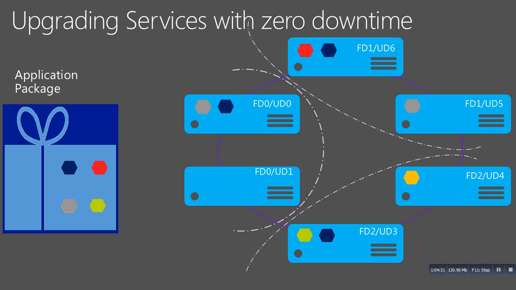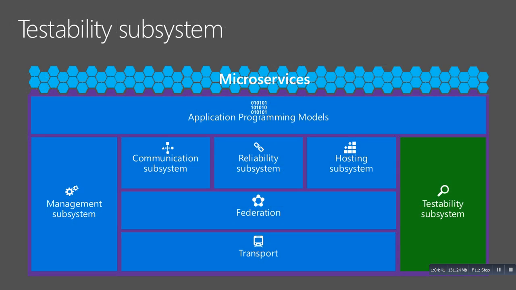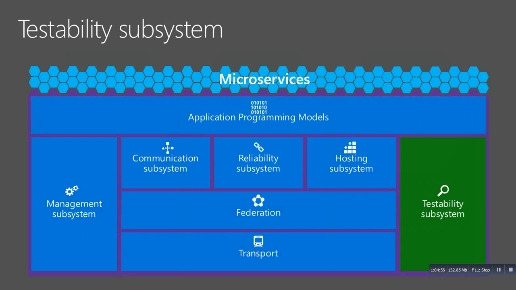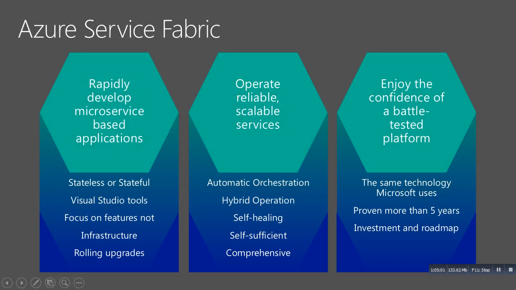Azure Service Fabric in a nutshell. It enables rapidly developing microservices-based applications. You can develop HTTP services using the Visual Studio tool. You can focus on features, not infrastructure, and it provides operations to run reliable, scalable services: automatic orchestration, hybrid operations, self-healing. This is comprehensive.